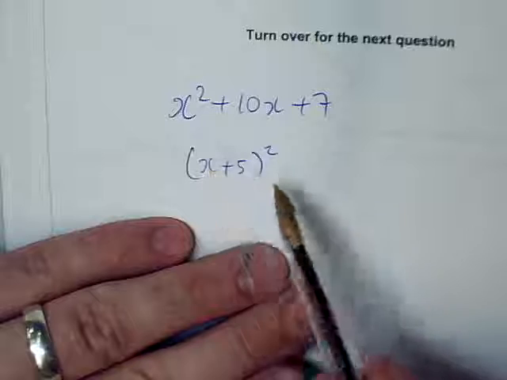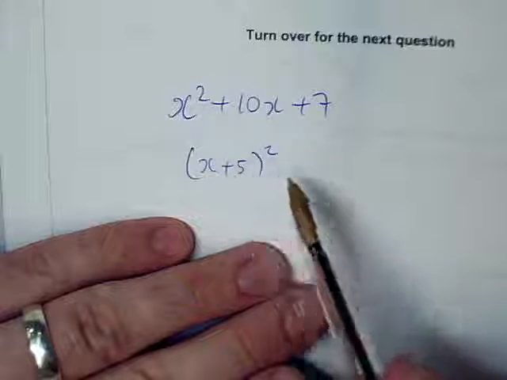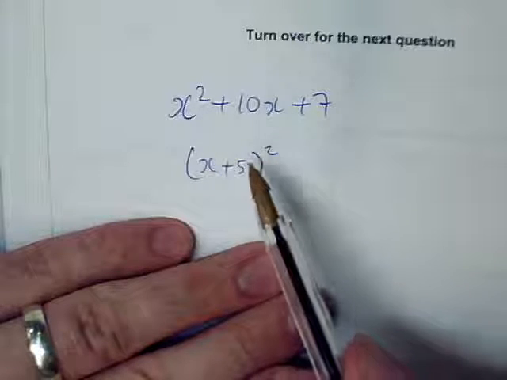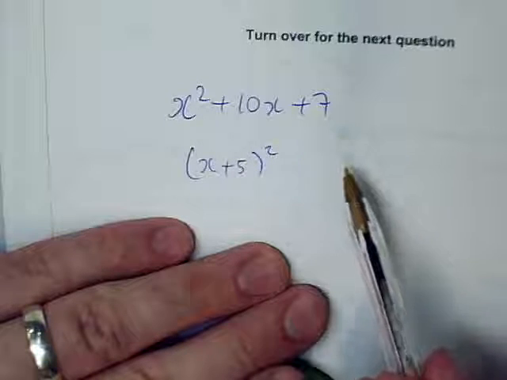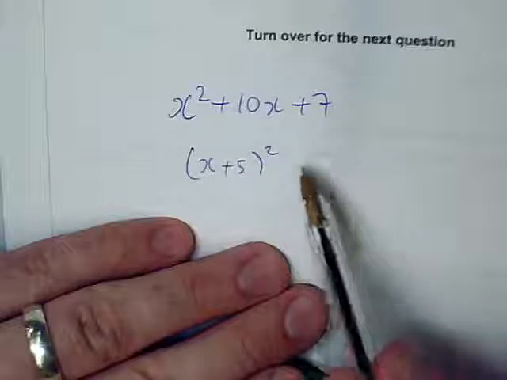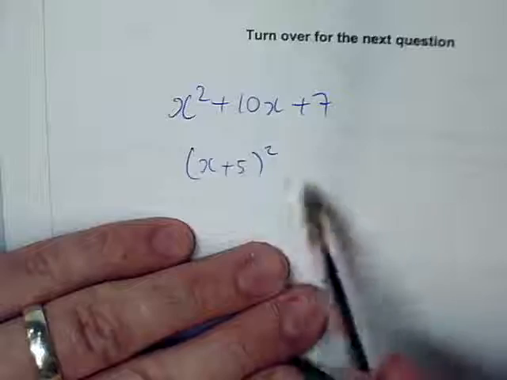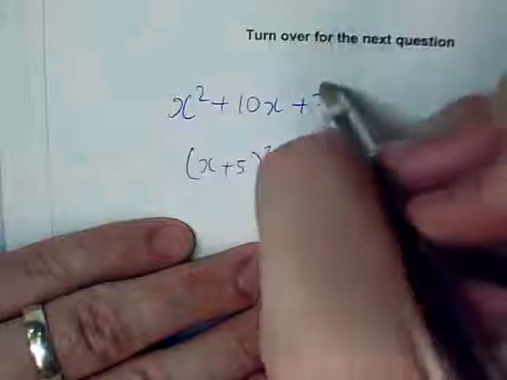And when I expand this out, I'm going to get x squared plus 2 lots of 5x, which gives me the 10x. And then I'm going to end up doing the 5 times the 5 at the end, which gives me plus 25. But I don't want plus 25, I want plus 7.